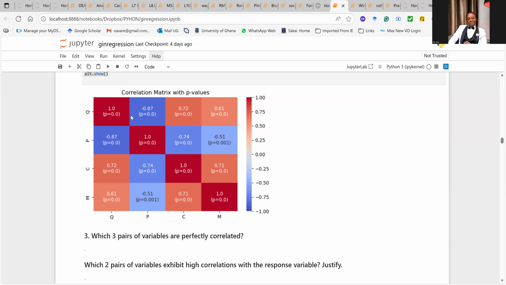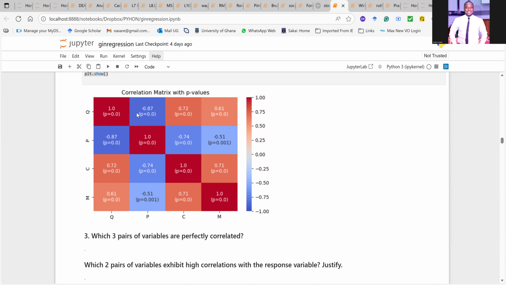Which variables are perfectly correlated? Remember, perfectly correlated variables are those with a correlation coefficient of 1. So which variables?